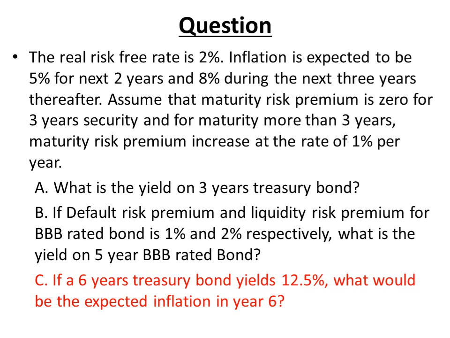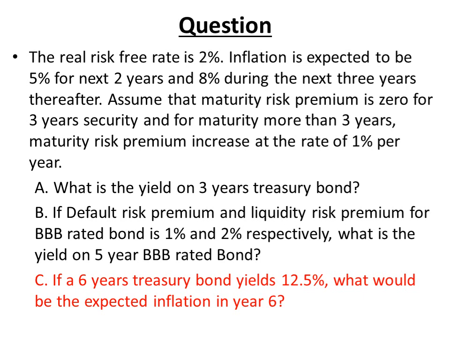That is inflation for year 3, I3 equals 8%, I4 equals 8%, I5 equals 8%. Assume that the maturity risk premium is 0 for a 3 year security. For 0 to 3 year security, the maturity risk premium is 0, and for maturity more than 3 years, the maturity risk premium increases at the rate of 1% per year.